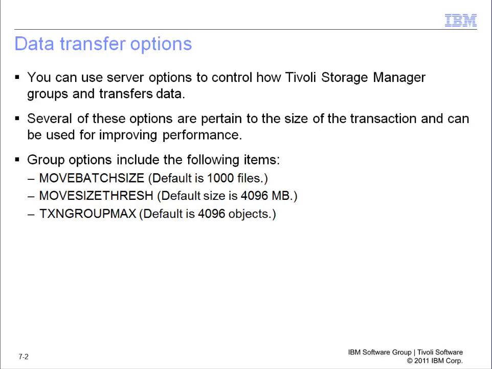And then transaction group max, which we discussed earlier, is the number of files that are going to be grouped for a transaction. By default, move batch size is 1,000 files, move size threshold is 4,096 megabytes, and transaction group max is 4,096 objects. So you don't need to specify these values if you're going to use the default.